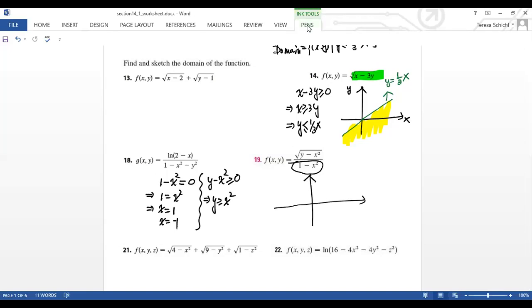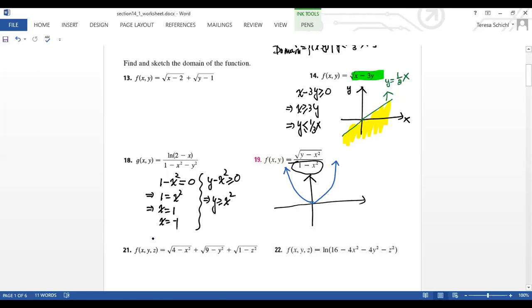The first thing you see here, y equal to x squared, is a quadratic form, right? And y greater than or equal to x squared means everything inside.